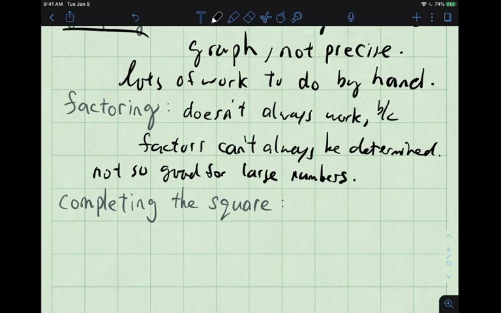Completing the square. Disadvantages, it's complicated, at least some of you may think so. What I mean by complicated, lots of steps.